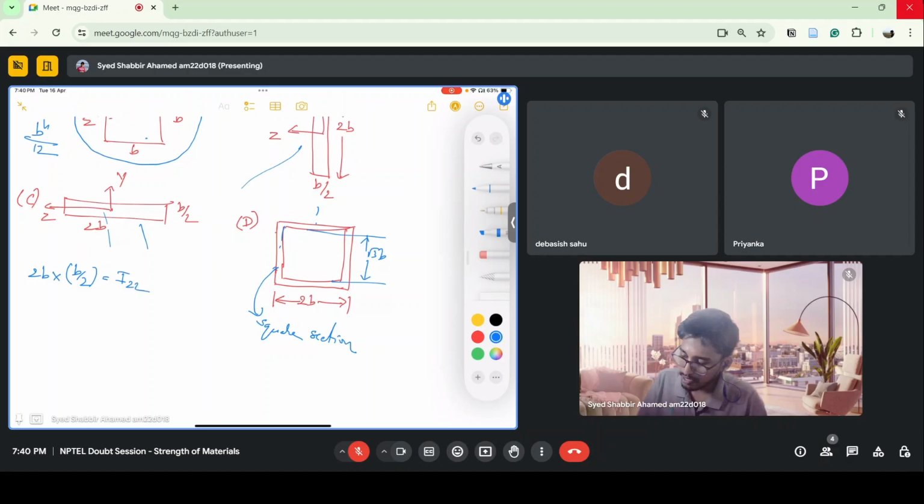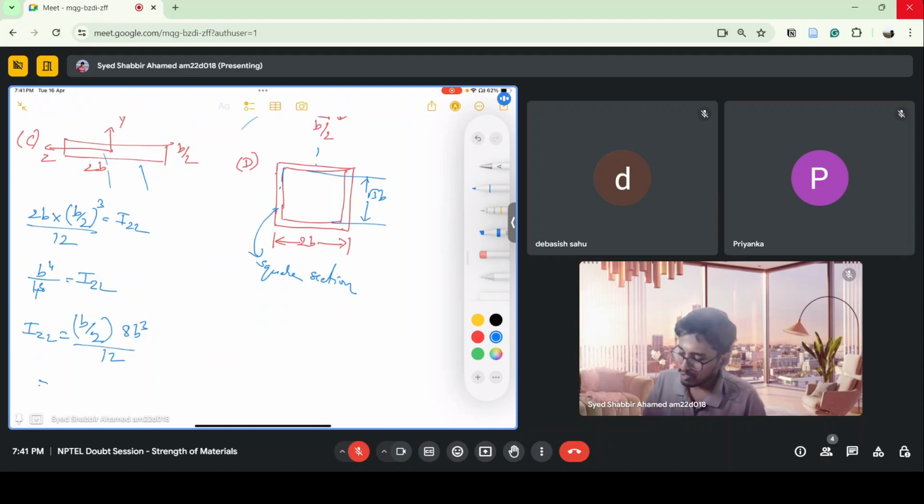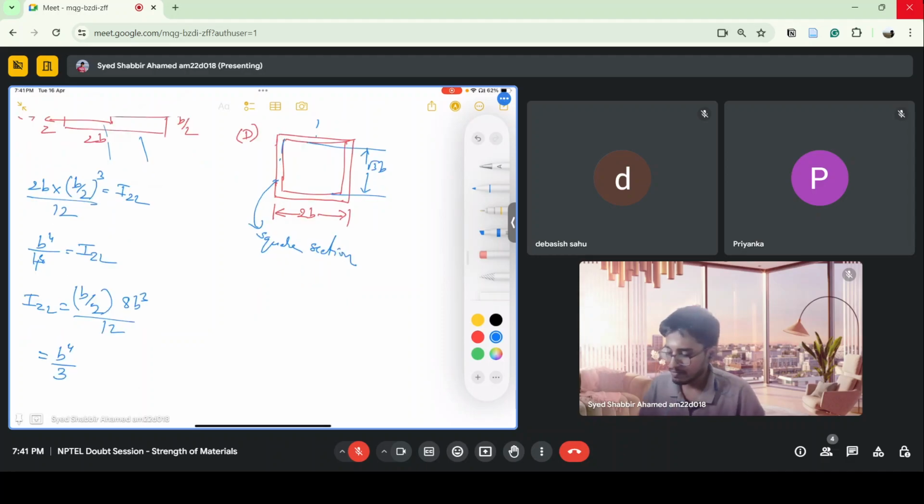First, IZZ: B power 4, yeah, 48. Okay, IZZ. And if I take IYY, 8B cube by 4, 4, 3, so B power 4 by 3.